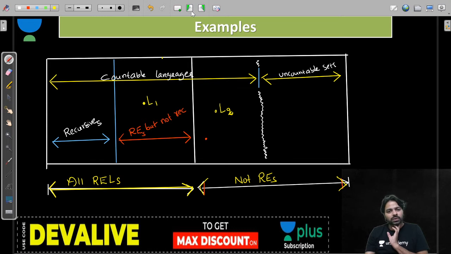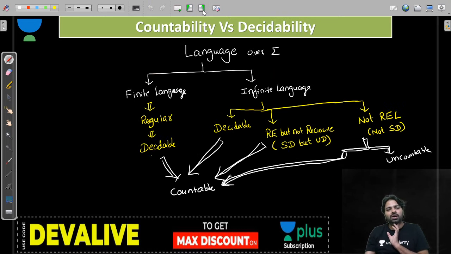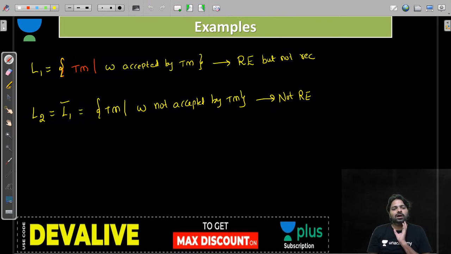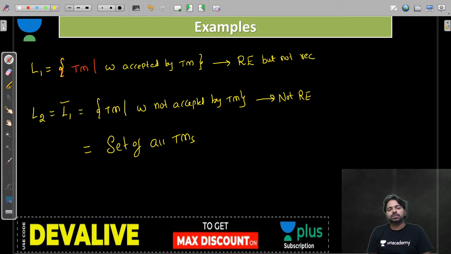The reason is you can count it some other way. How can you count? The set of all TMs is a countable set, minus L1. Both are countable.